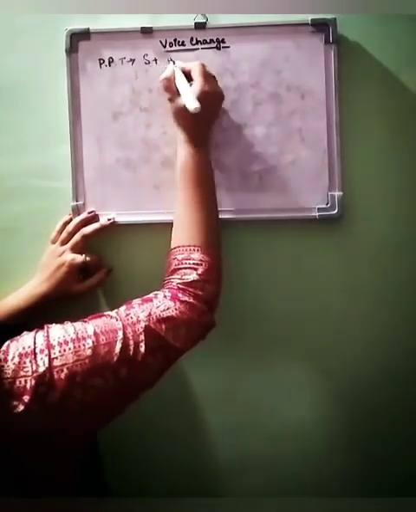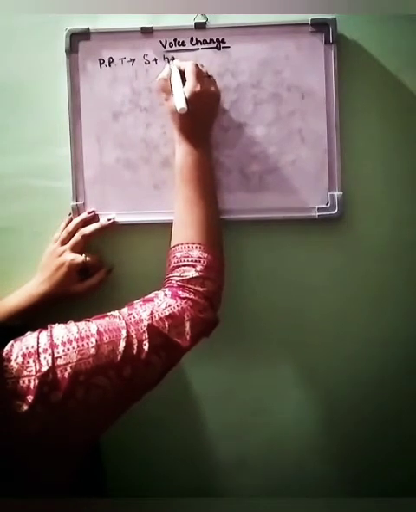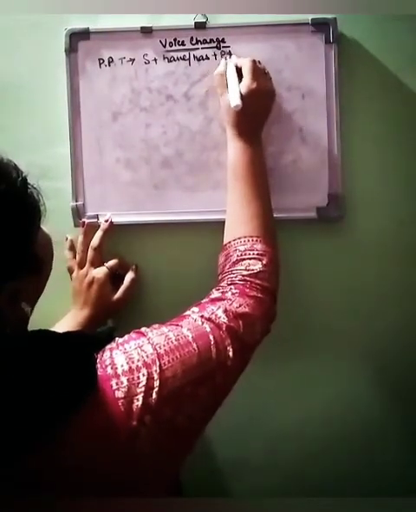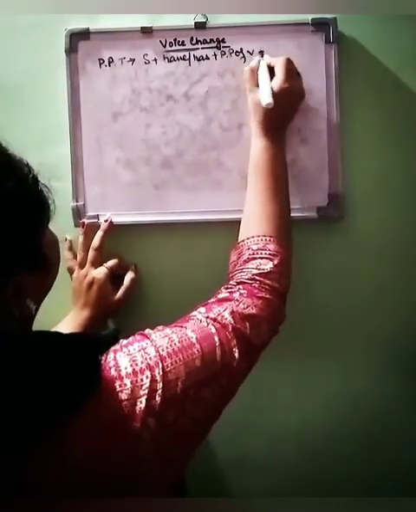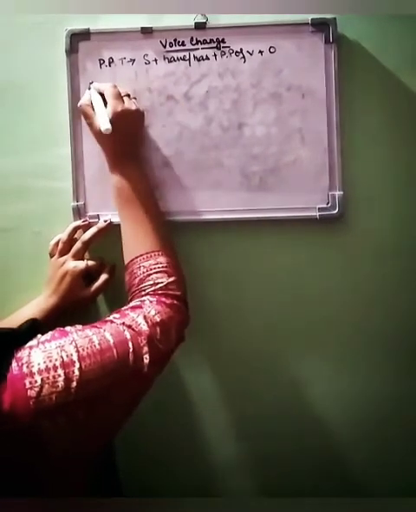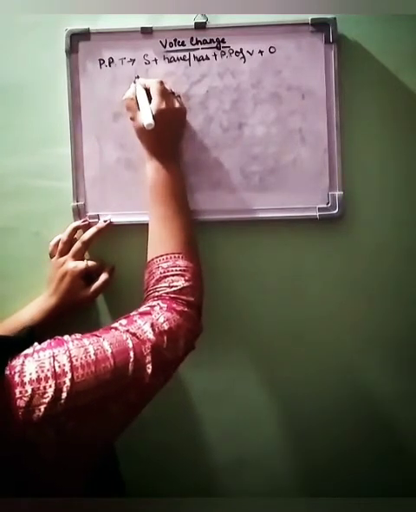Subject first of all plus have or has, plus past participle of verb plus object. So now see how we will write.